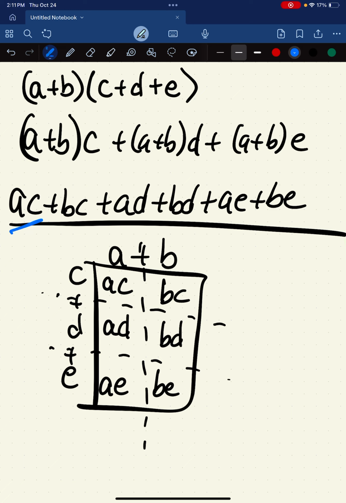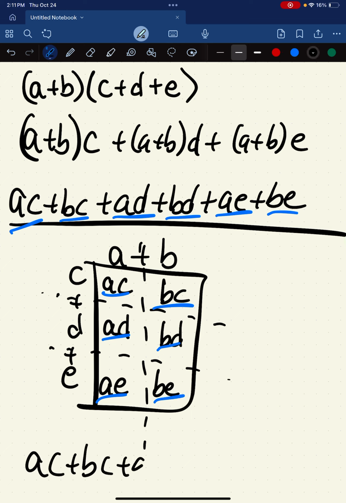Let's make sure we're getting the same answers here. AC, BC, AD, BD, AE, BE. So, same answer: ac plus bc plus ad plus bd plus ae plus be.